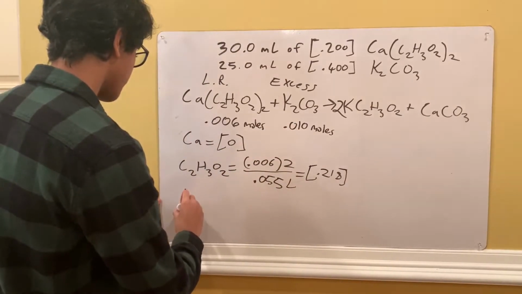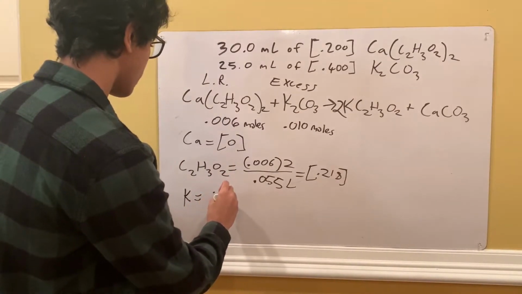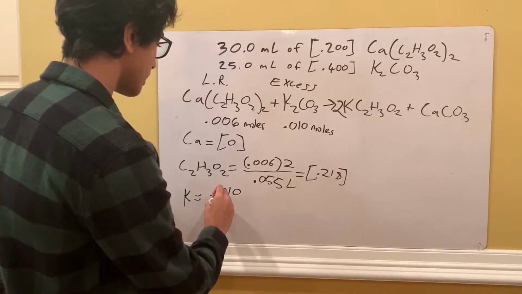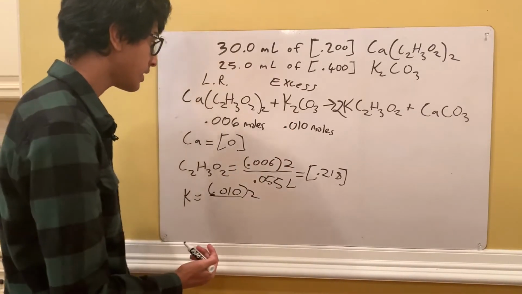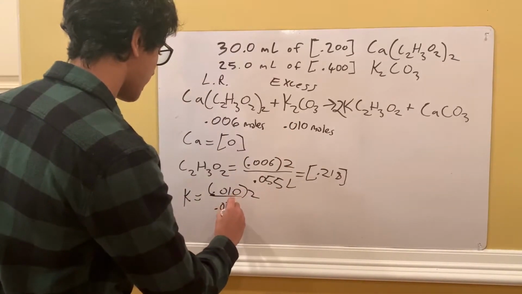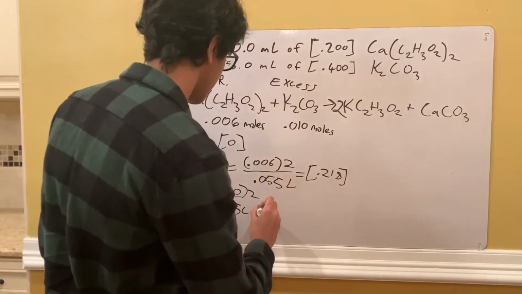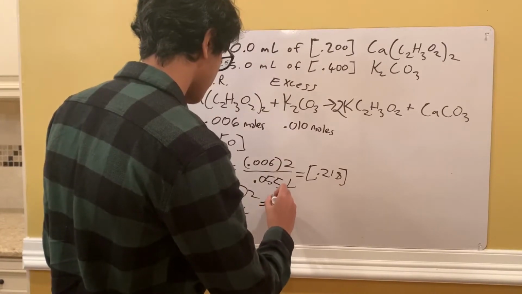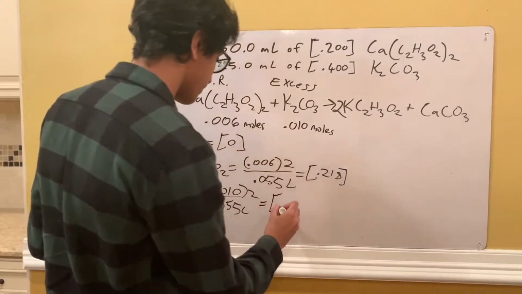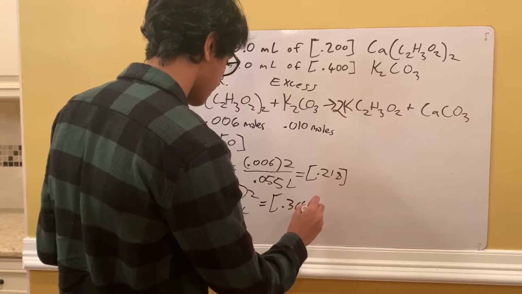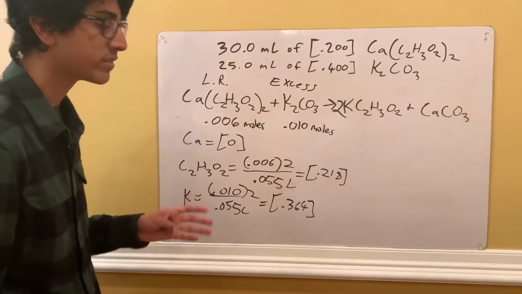So K is equal to 0.010, and that's still going to be multiplied by 2 since there's a subscript of 2 there, divided by 0.055 because it's the same solution, liters, and that'll give us a concentration of 0.364. Okay, so we solved those three. Those are 3 easy ones.